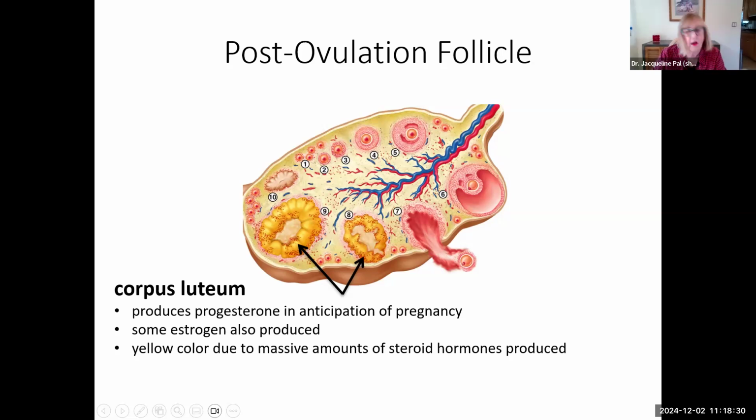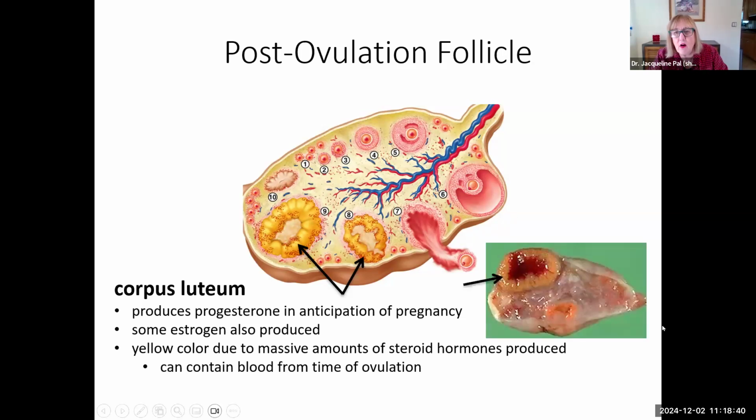And as you know, estrogen and progesterone are steroid hormones, and steroids are lipids, and lipids and fats are yellow in color. And so here's what an ovary will look like. And so here is a fairly recent corpus luteum. You can tell it's recent because it is bloody still from the time of ovulation.